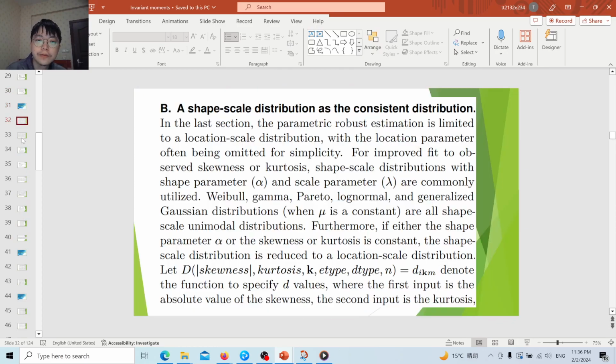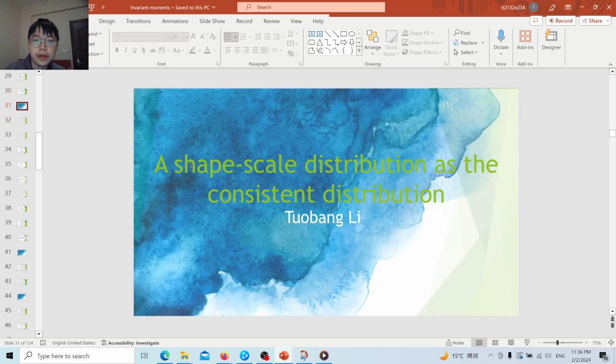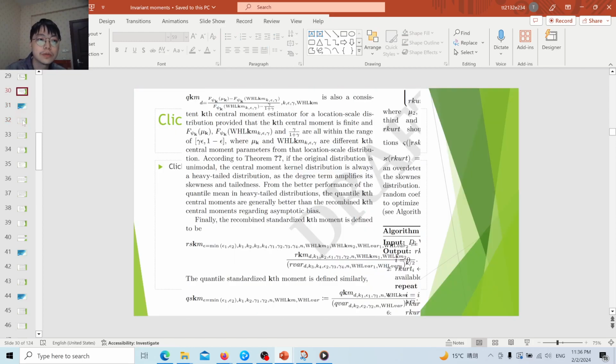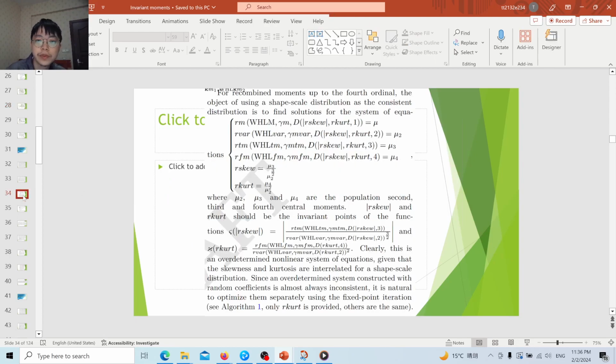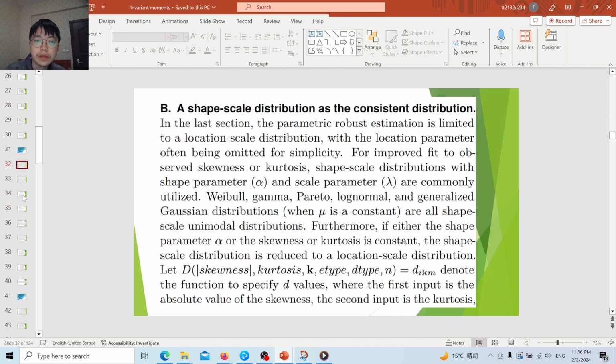So we need to further consider whether it is possible to use a shape-scale distribution instead of a location-scale one. Using a shape-scale distribution has an advantage: for example, if we can estimate the skewness, and we know this distribution is nearly symmetric, then we can return a smaller d value, and then this overcorrection can be even smaller, right? Yes, and it is possible because we first generated the d-value function.